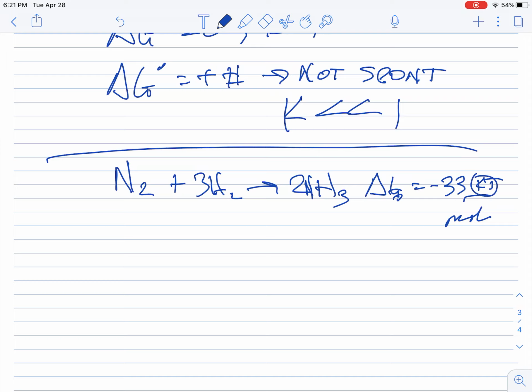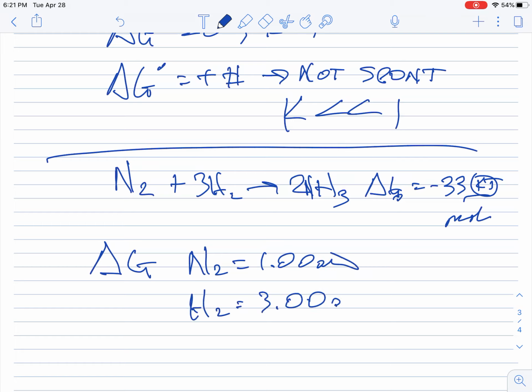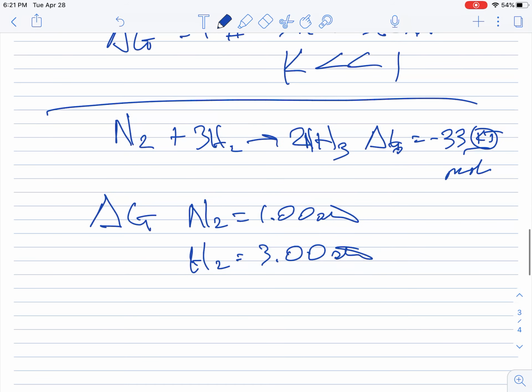So if I want to find the value of delta G, let's say we're running this with the same pressures: N2 is 1 atmosphere, H2 is 3 atmospheres, and NH3 is a half of an atmosphere.